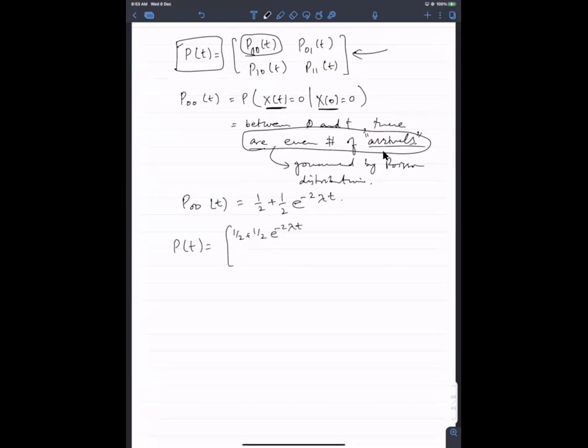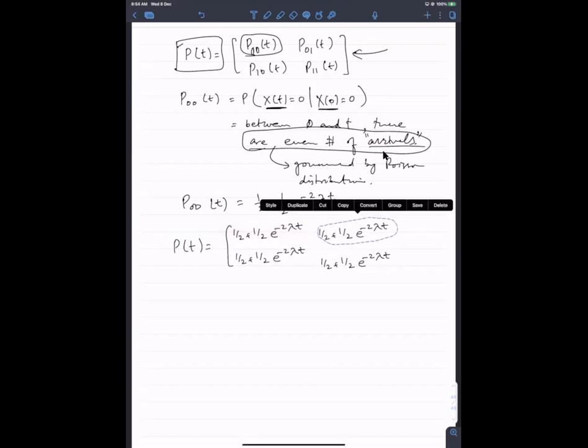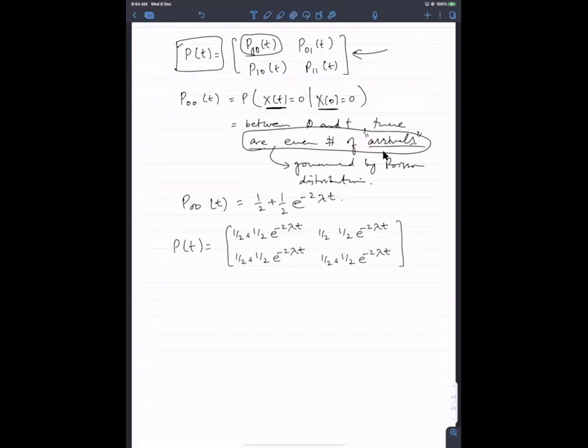Okay, and I'm going to use this copy function here. And the other quantities are going to be similar, not quite the same. And instead of a plus here and a plus here, I have a minus here.